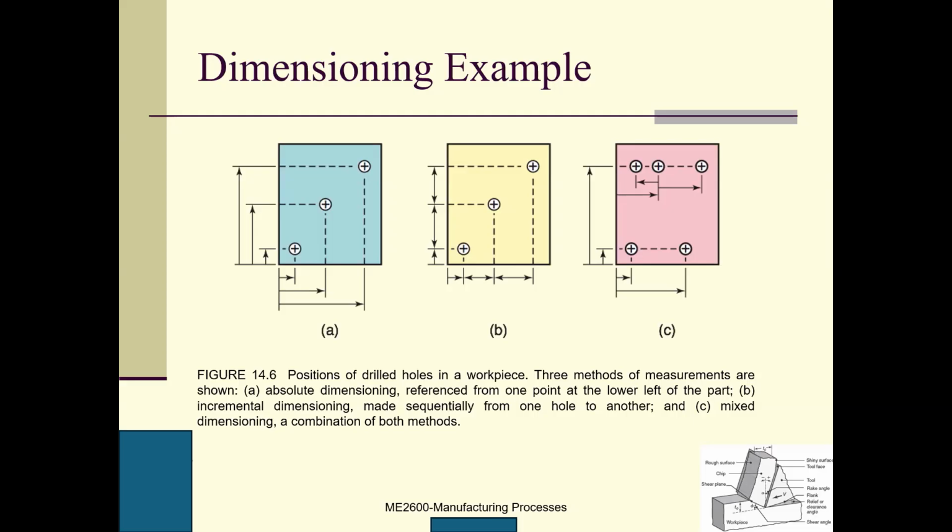And the third one is mixed dimensioning, or a combination of both methods. So we have absolute dimensioning and incremental dimensioning, and the third one is a hybrid, the mixed dimensioning, which is the combination of both. This is absolute dimensioning and this is incremental dimensioning.